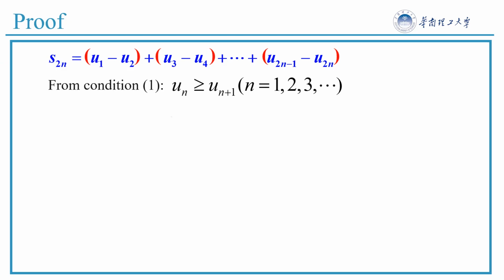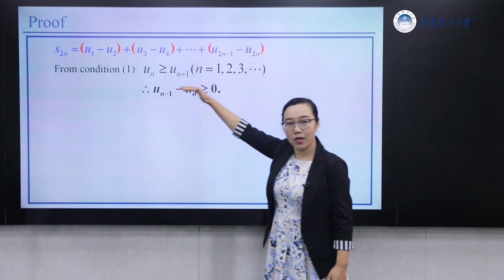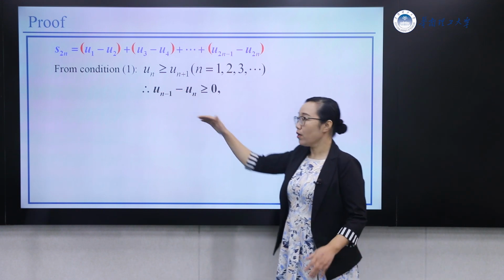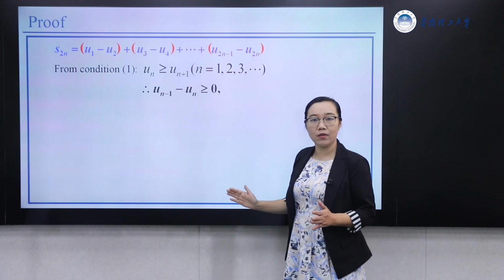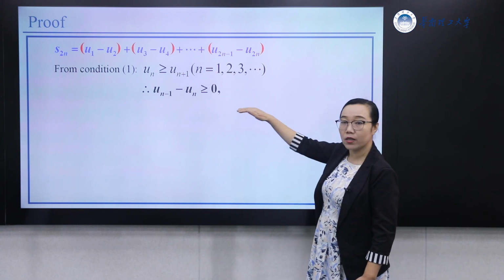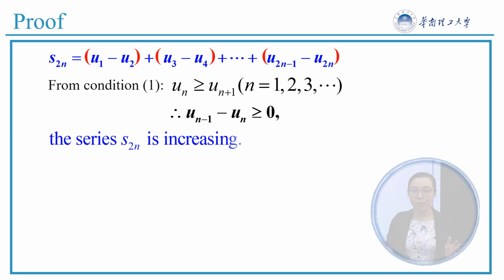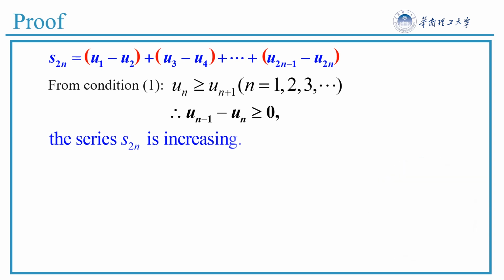By the given condition 1, Un is greater than or equal to Un plus 1, we have Un minus Un plus 1 is greater than or equal to 0, and the sequence S2n is increasing.